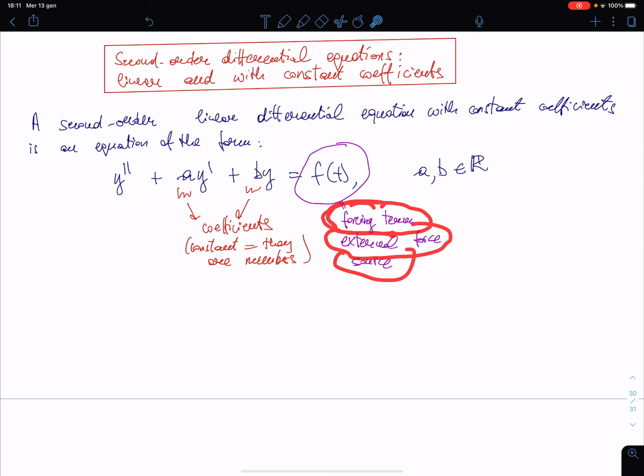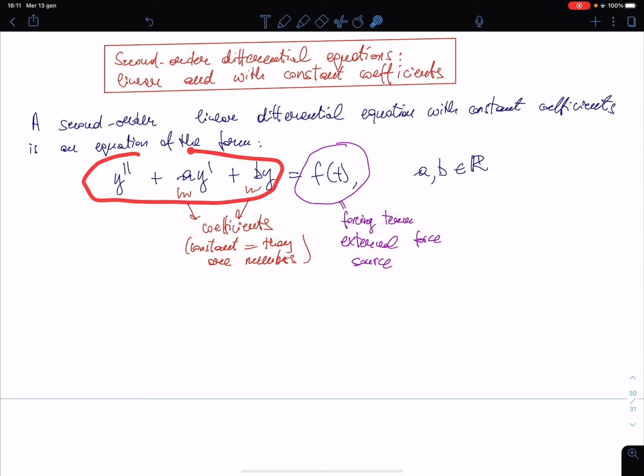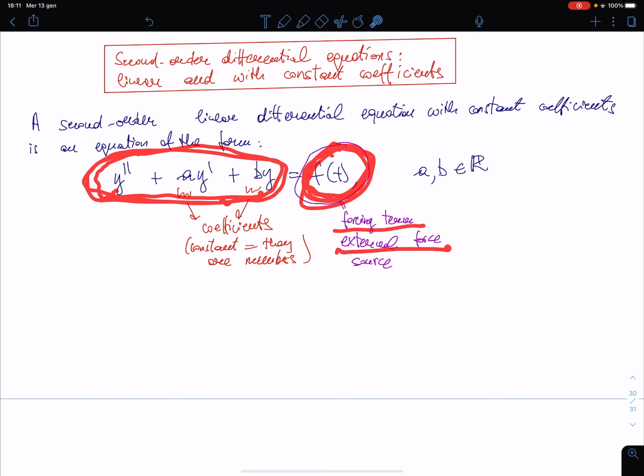Forcing term means that you are considering a physical system, typically a harmonic oscillator, going by itself, self-consistently with this equation, but then you act on it with this term, which is known. It is not an unknown. So it is an external force when you push, for instance, periodically a harmonic oscillator or a pendulum.